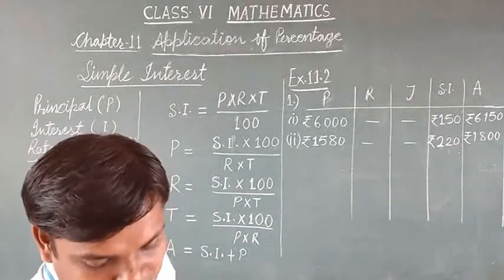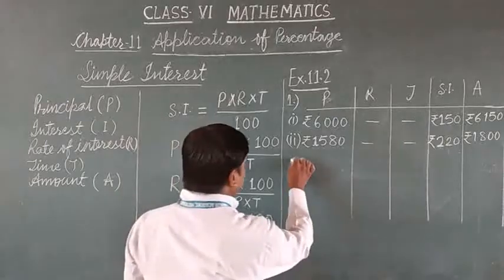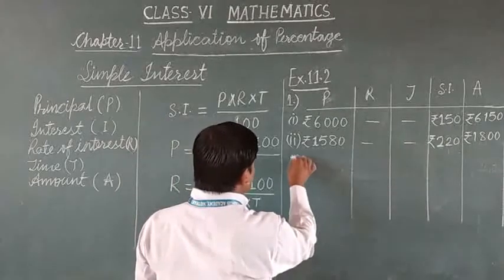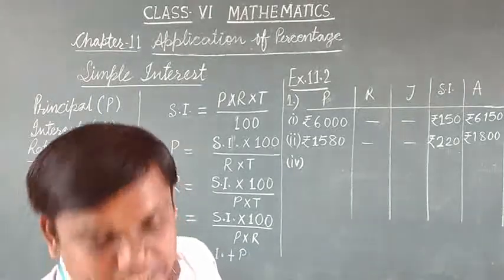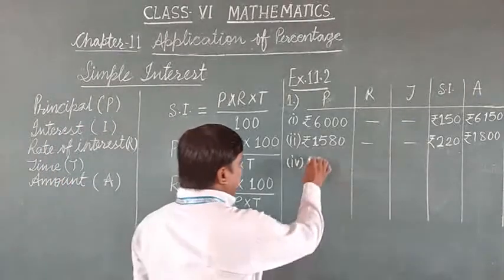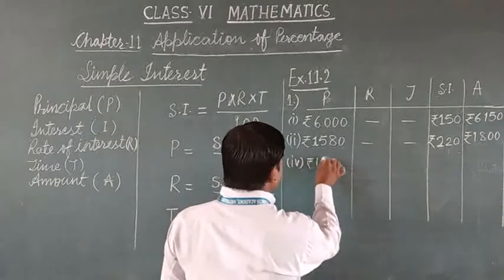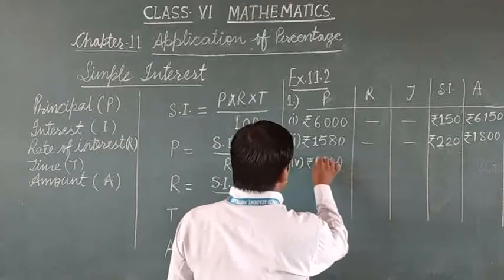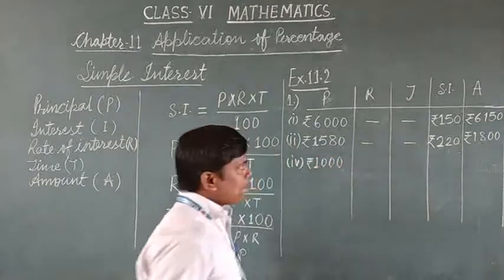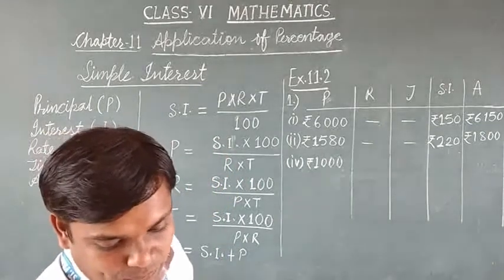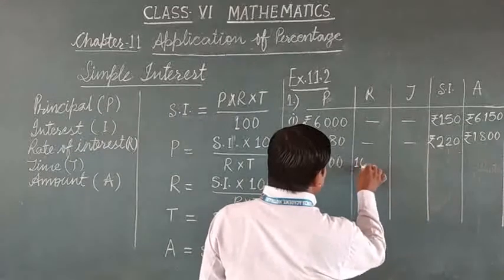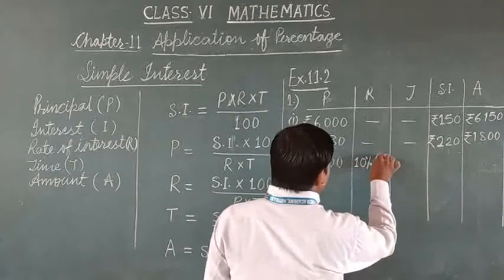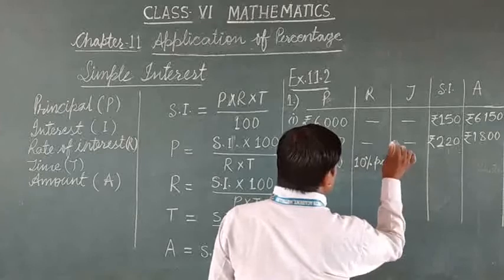One more I am solving, question number 4. In this question we have principal rupees 1000, rate of interest given 10% per annum, means annual, PA in short, per annum.